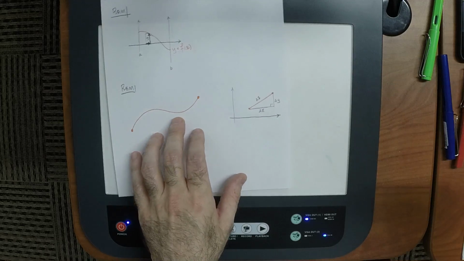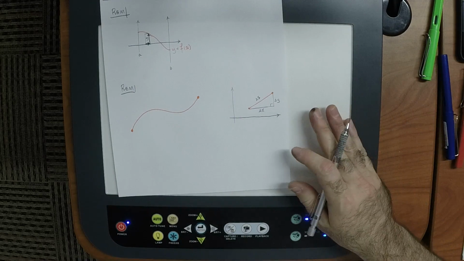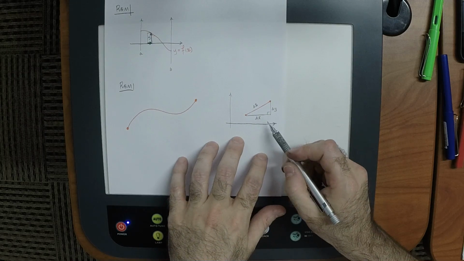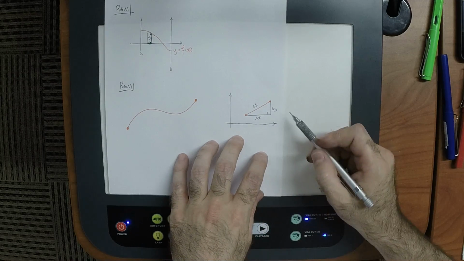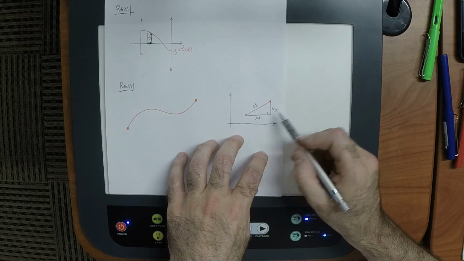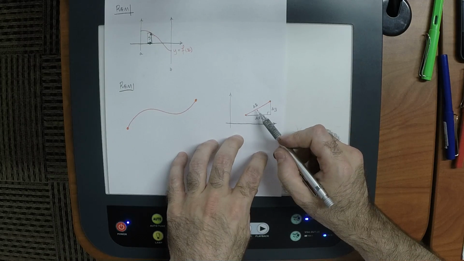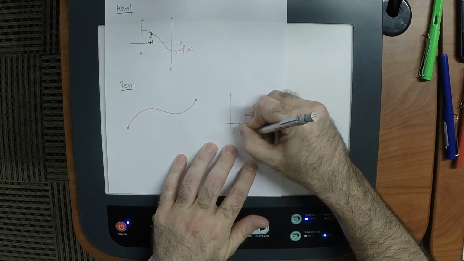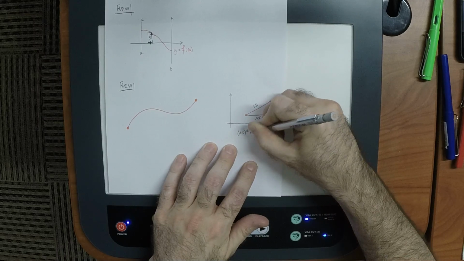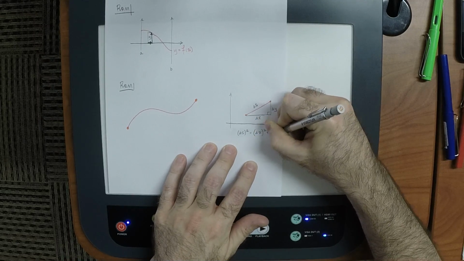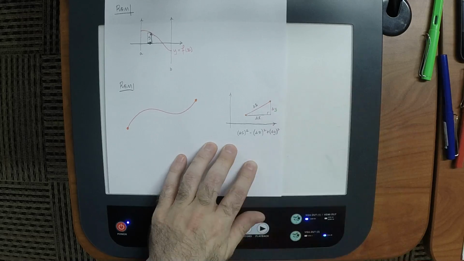The fundamental geometric fact that we know is the Pythagorean Theorem. So how are these all related to each other? What we know is that delta s squared is delta x squared plus delta y squared, like so.